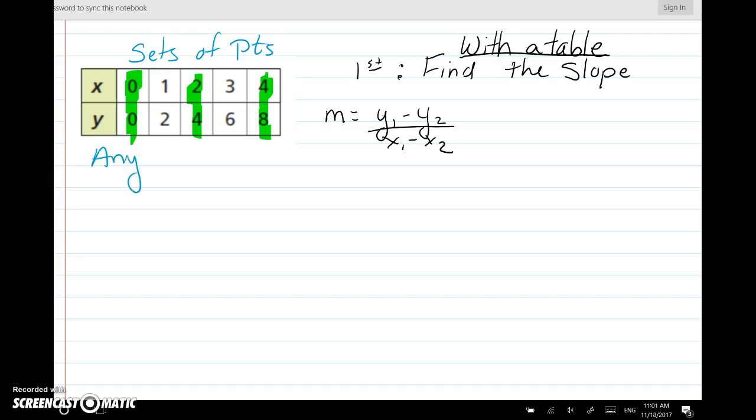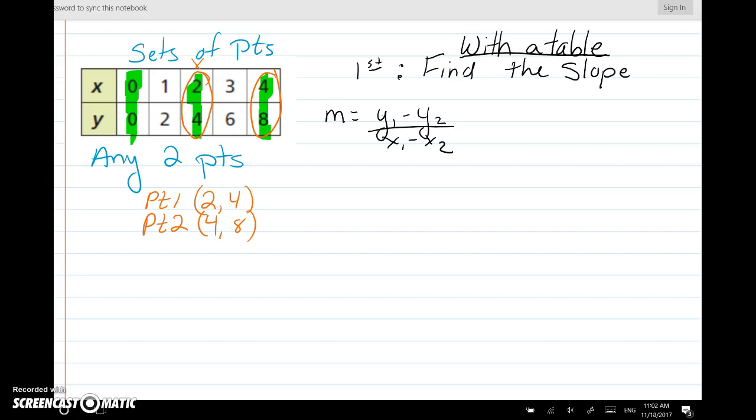What you have to keep in mind is the x's and the y's match up. So let's choose 2, 4 and 4, 8. So point 1 is going to be 2, 4, and point 2 is going to be 4, 8.